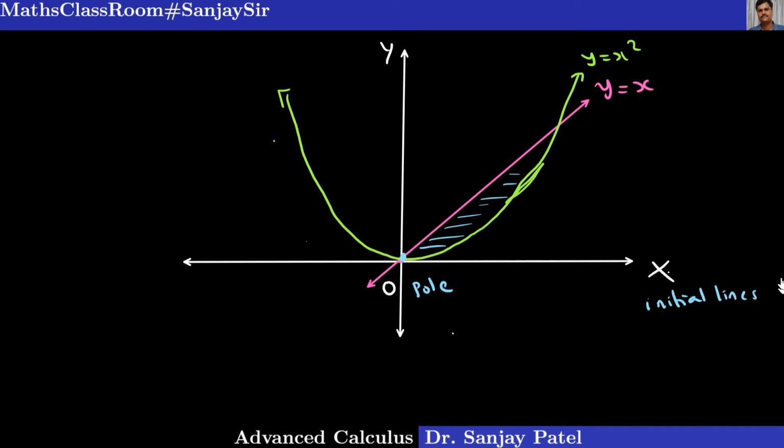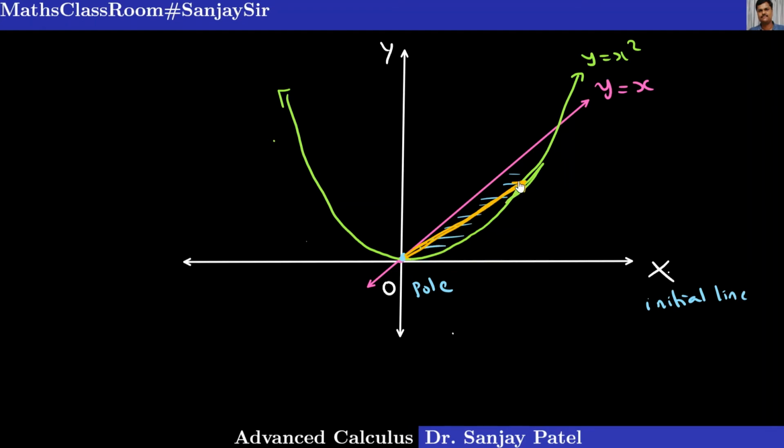This is the initial line, not lines. And we think of a ray, or a radius vector, whose initial point is this pole in this region of integration, to determine the limits of the variable r.